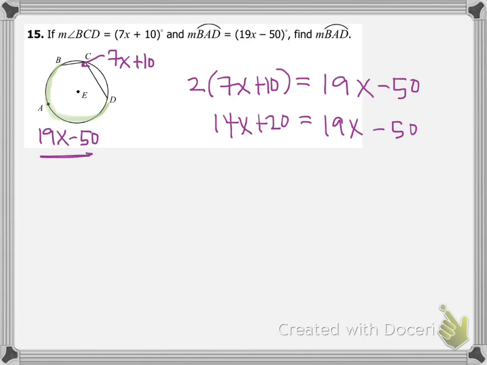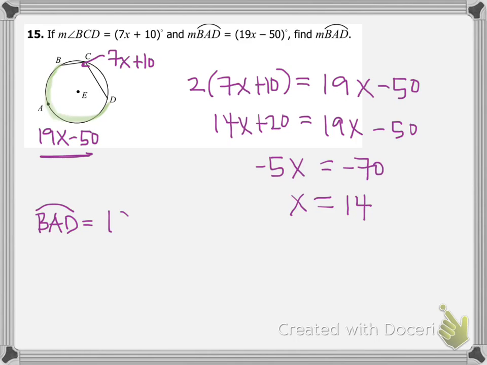Solve for x, so we subtract, so it's going to be negative 5x is equal to negative 70. Divide both sides by negative 5, so x is going to be equal to 14. What I'm looking for is BAD, and that's going to be 19 times 14 minus 50, so that's going to be 216.